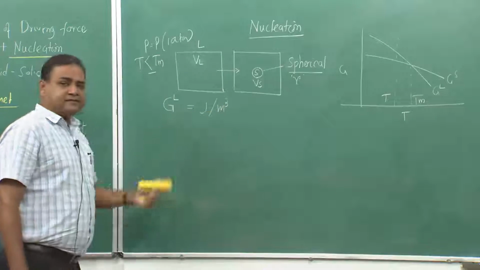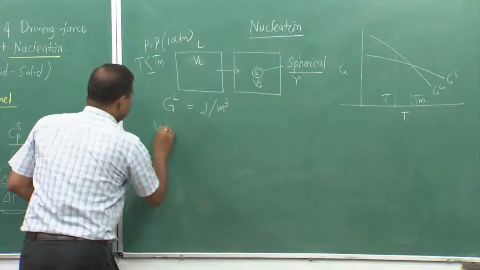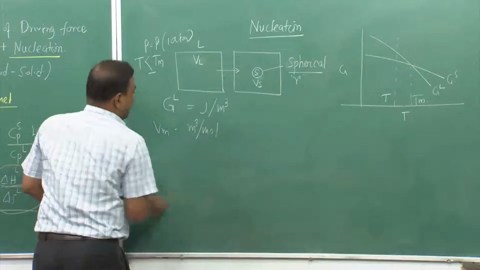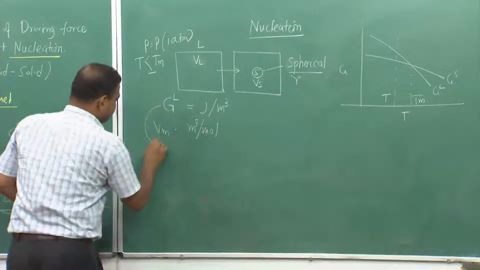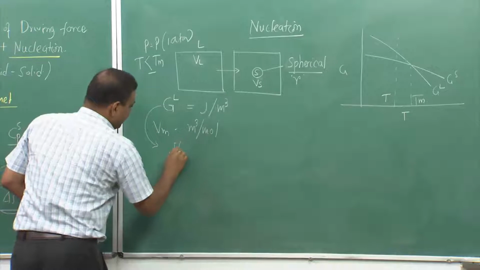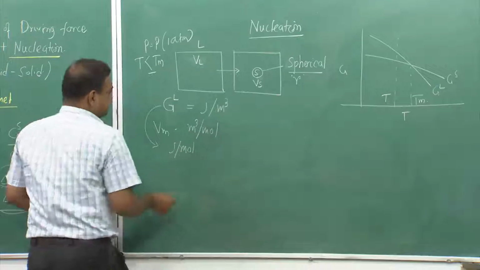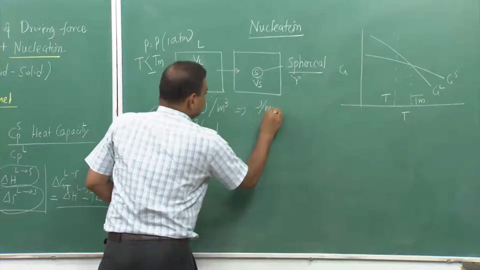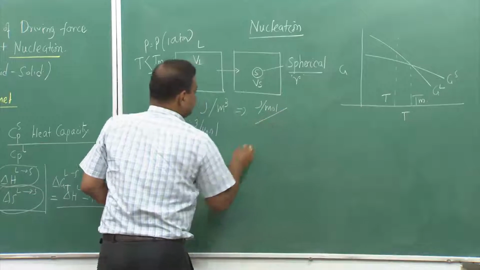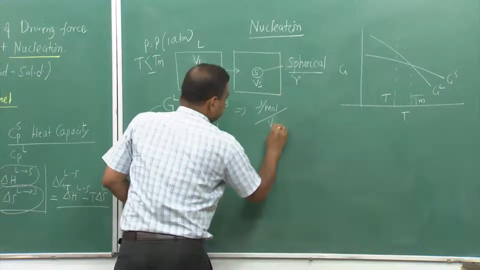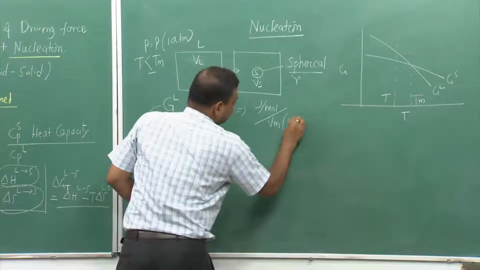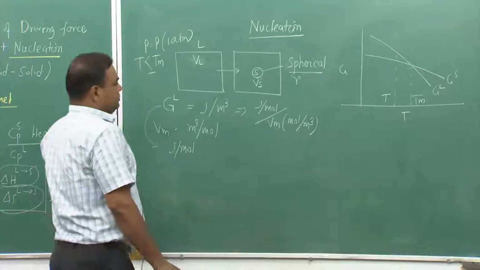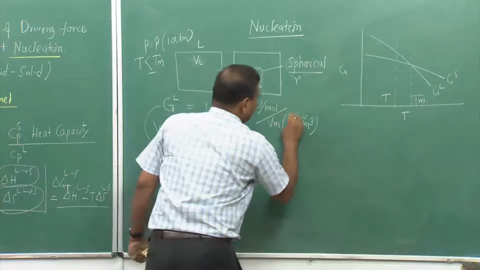Now, how would we get this? Let us say I know the Vm, which is meter cube per mole, and initially this is expressed in terms of joule per mole. I simply get this by joule per mole divided by Vm, which is meter cube by mole.